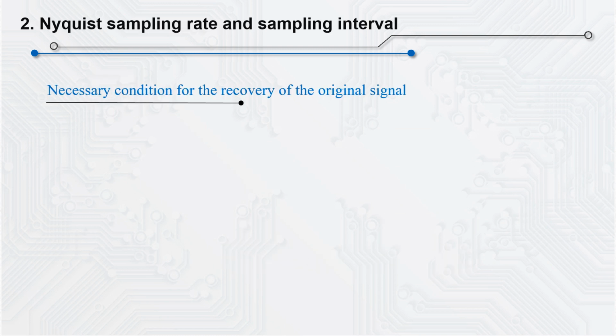Let's discuss the necessary conditions to recover the original signal. That is to say, what conditions are required to recover the original signal from the sample signal. According to the spectrum analysis, we know that if the spectrum is not to be aliased, fs must be greater than or equal to 2fm. That is to say, the frequency of the sample signal is more than twice the frequency of its original signal.